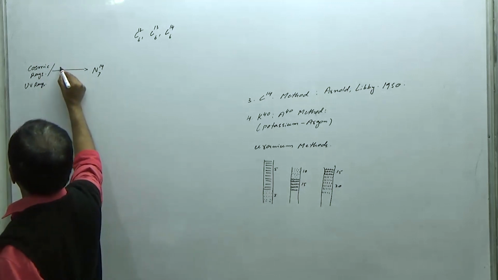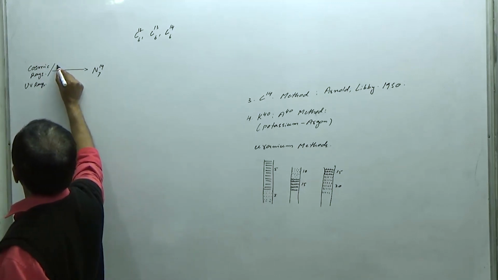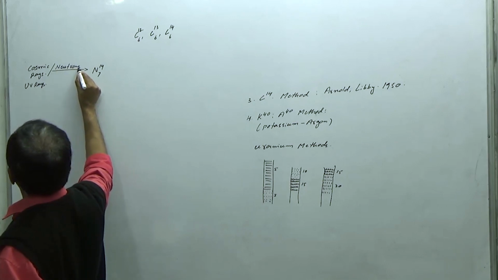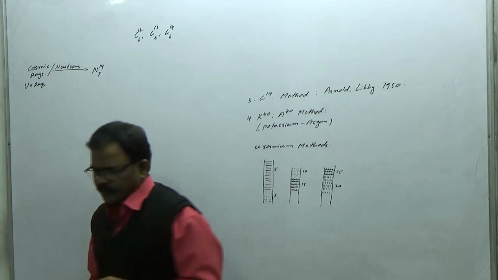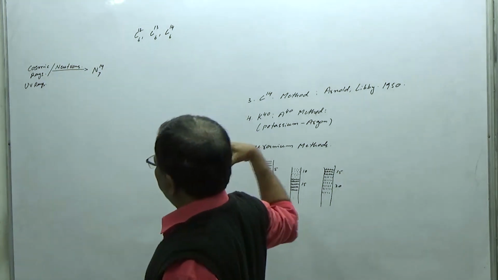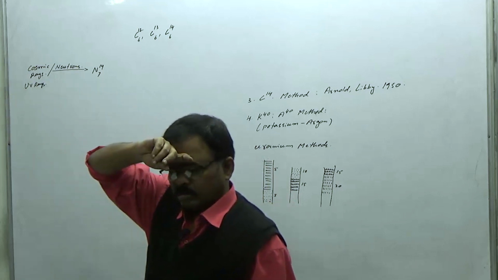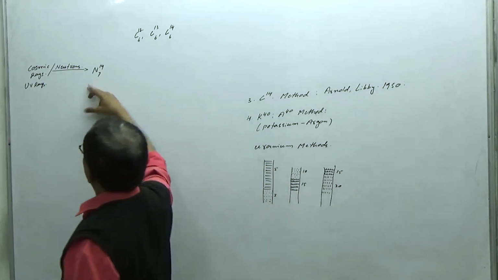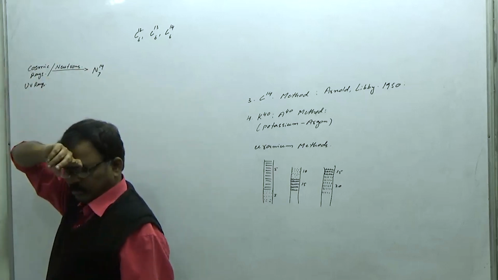These neutrons pass through the environment and bombard the nitrogen.